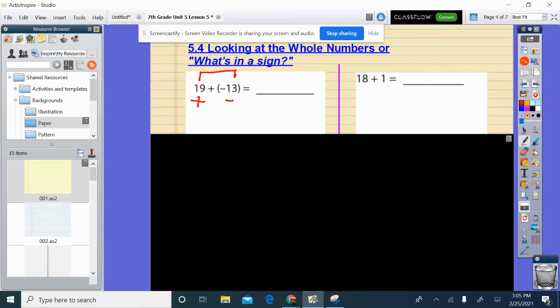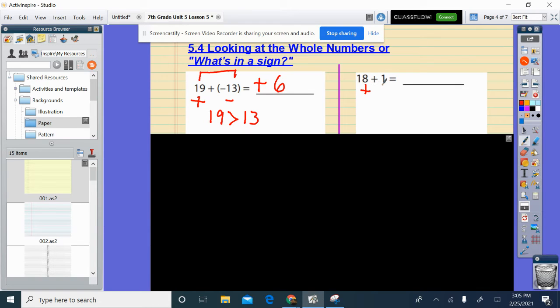Just follow me. We compare these numbers, and we know that 19 is greater than 13. That means the final answer is going to be positive because there are more positive units. If we were on a number line, there are more positive units on the right-hand side than negative units. So we'd start at 19 and count our way back 13 spaces, and we get a positive 6, because 13 plus 6 is 19, of course.